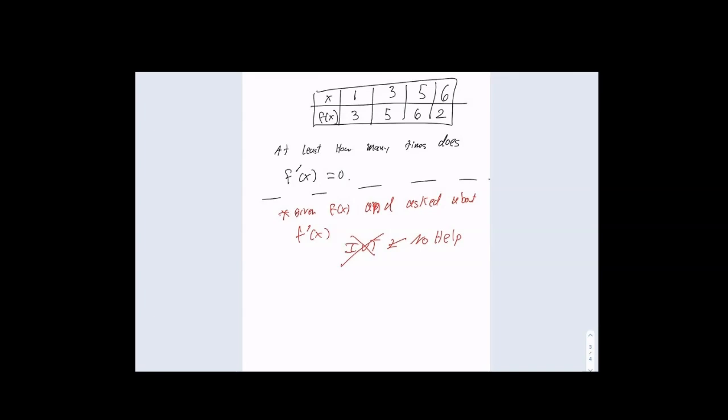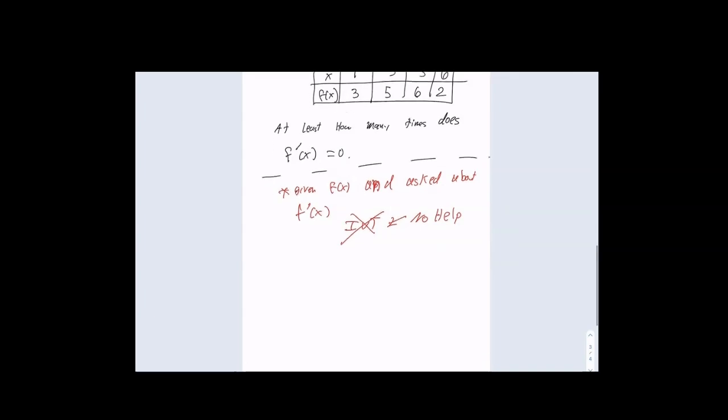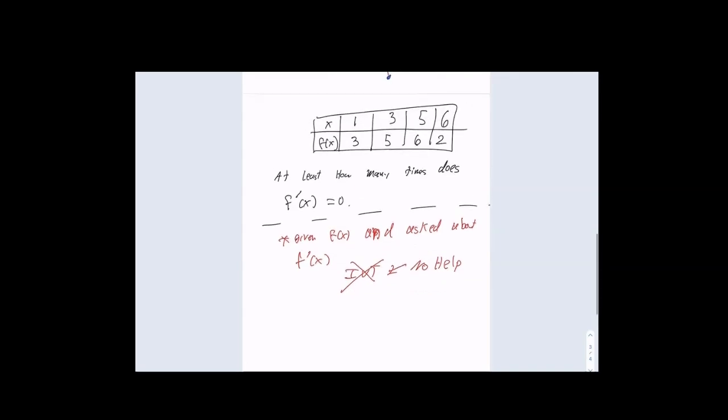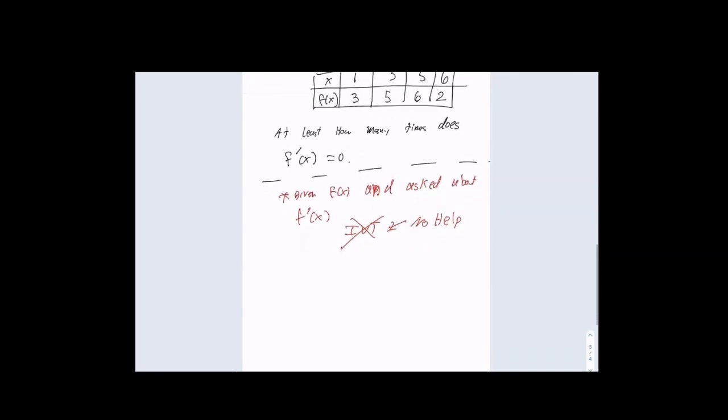I've given you the values of f and I'm asking you about f prime. So IVT does not help, and we're going to come back to this table in our example, and we need to utilize and understand MVT.